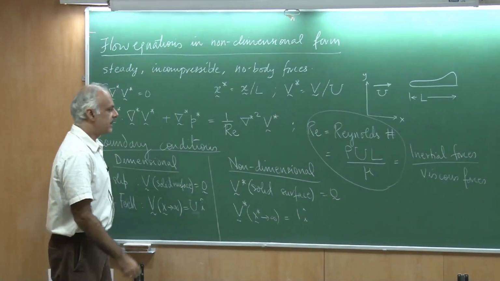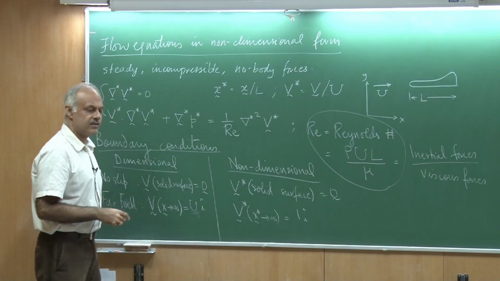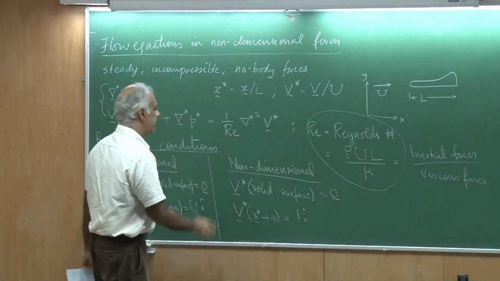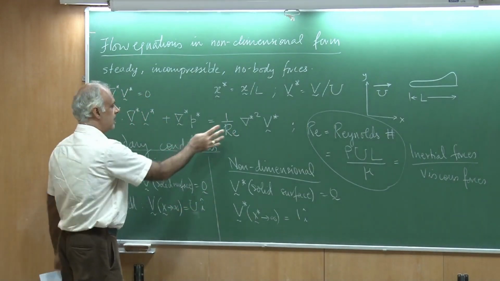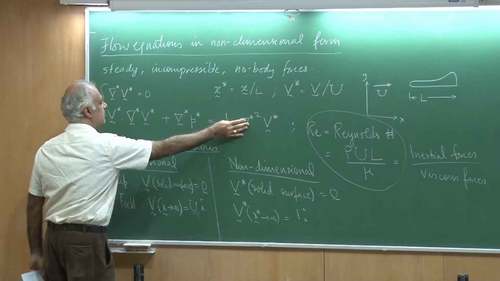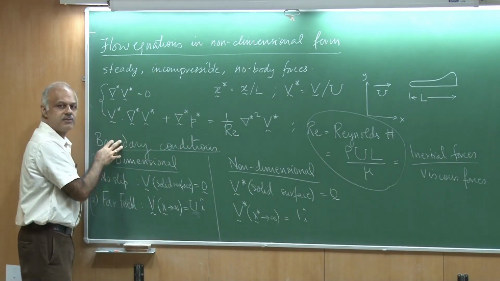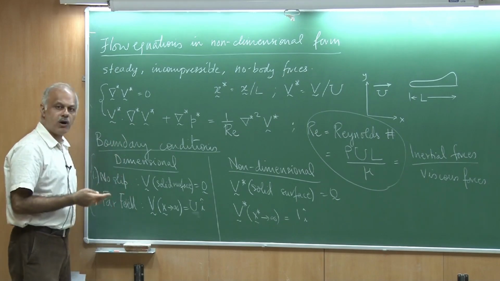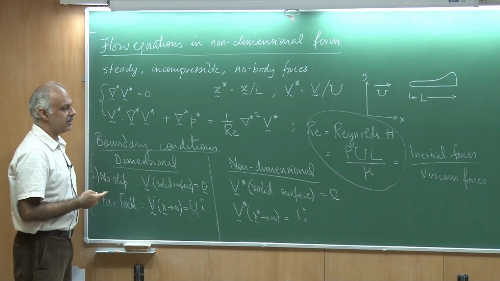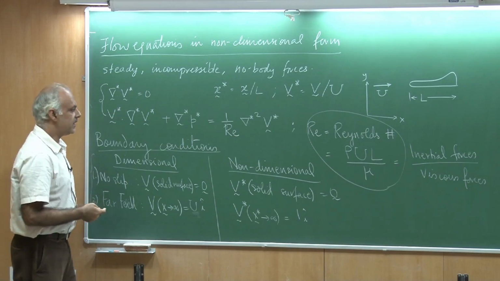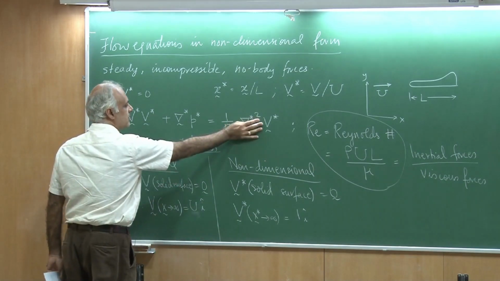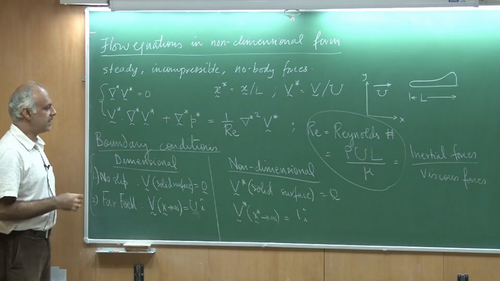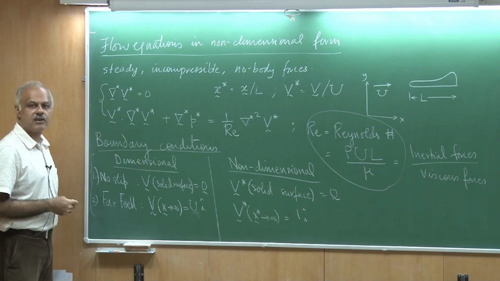So when the Reynolds number is high, that means the inertial forces are large. Then this 1 by Re is small, and therefore this term becomes very small compared to the terms on the left hand side. On the other hand, if my Reynolds number is very small, much less than 1, then my viscous terms actually dominate the inertial terms, and then I can do my analysis accordingly.